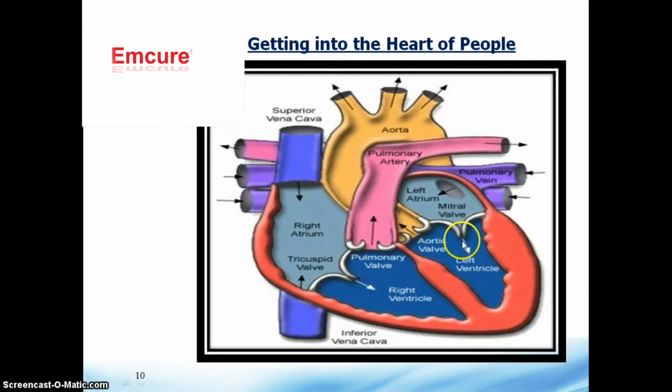We have a mitral or the bicuspid valve which separates the left atrium from the left ventricle. Now we have a pulmonary valve which is guarding the opening of the pulmonary artery, which starts from your right ventricle. It carries deoxygenated blood to the lungs, where this blood gets oxygenated or purified.